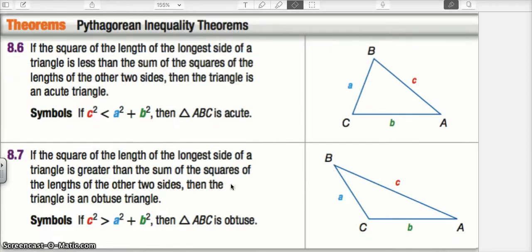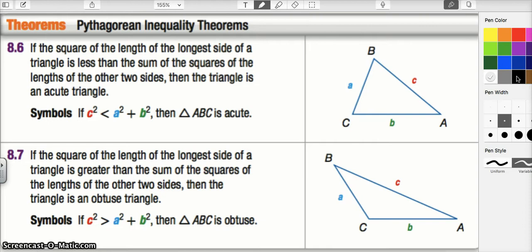The result from that theorem gives us these theorems as well. So what we have here with the Pythagorean inequality is, I'm going to start off with the Pythagorean theorem, right? The Pythagorean theorem says a squared plus b squared equals c squared.